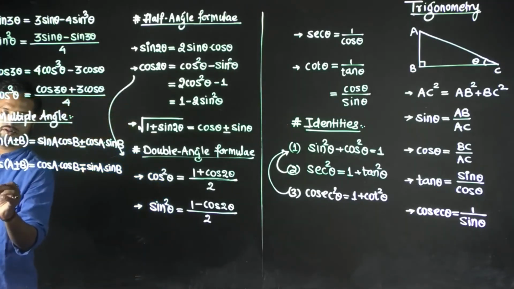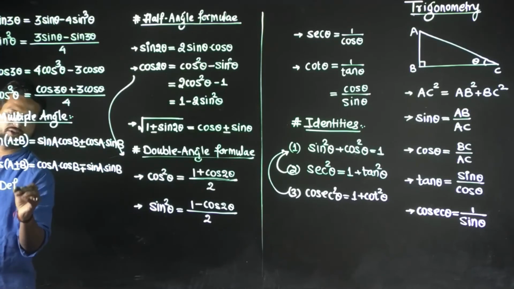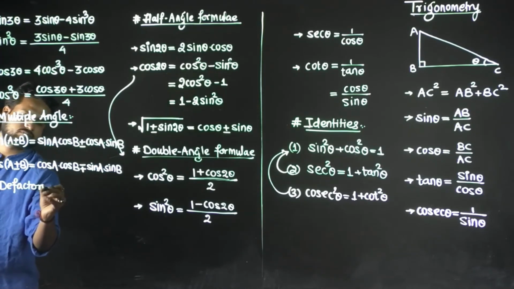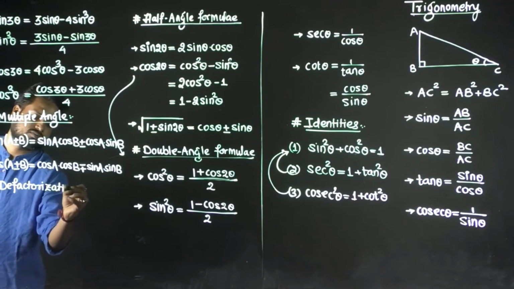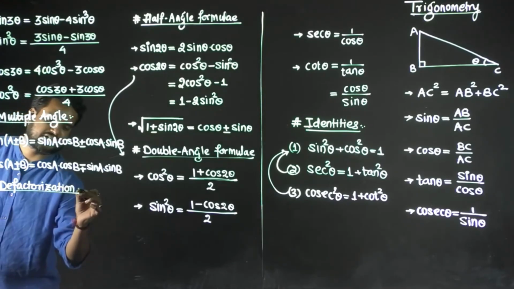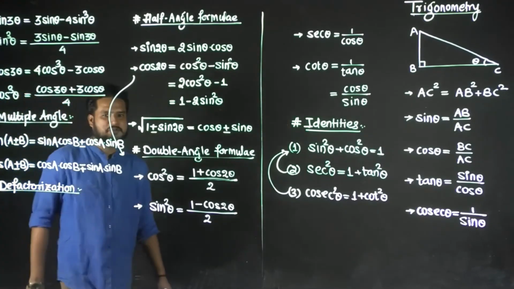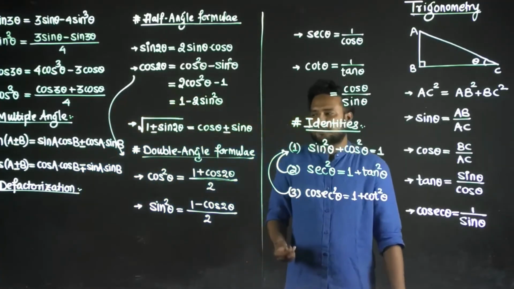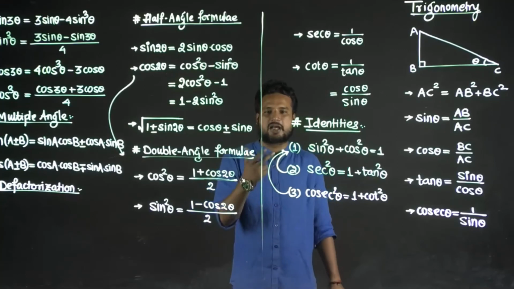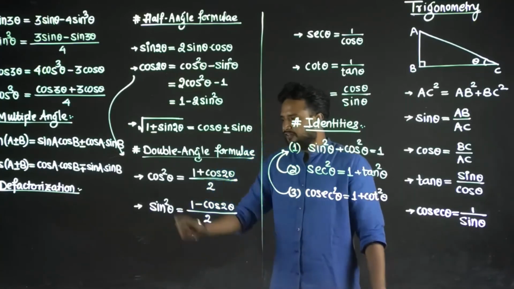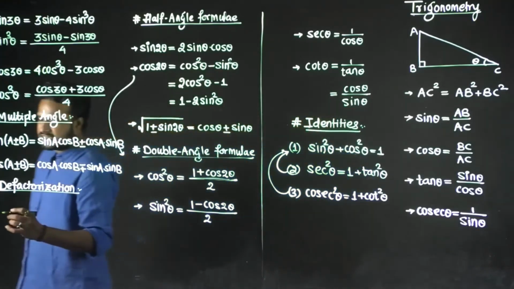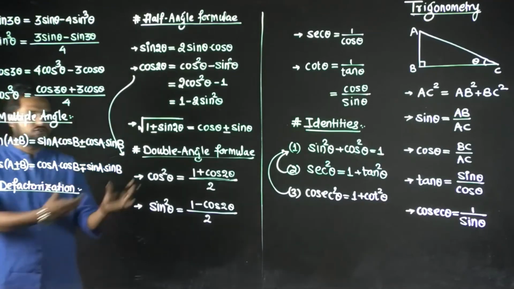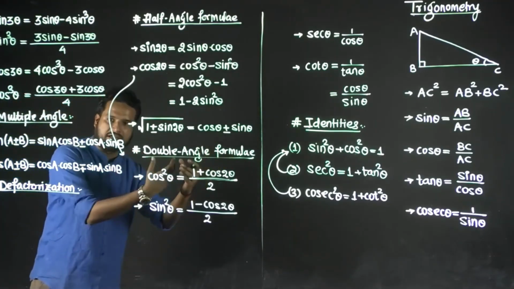Okay. Then defactorization formulae. Those in second year of engineering must be aware that defactorization formulae of trigonometry are really helpful in solving problems such as in topics like Laplace transform. So defactorization formula is what? This basically gives you a facility to separate trigonometric terms when they are multiplied.